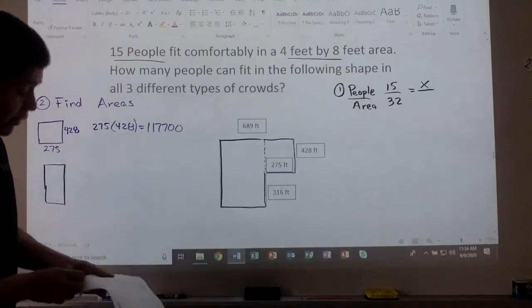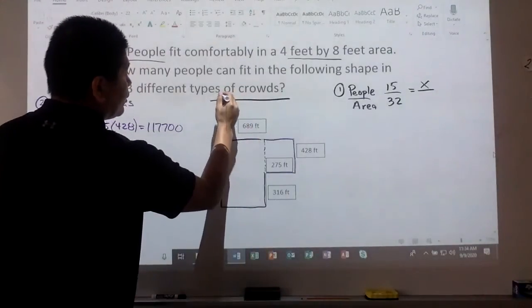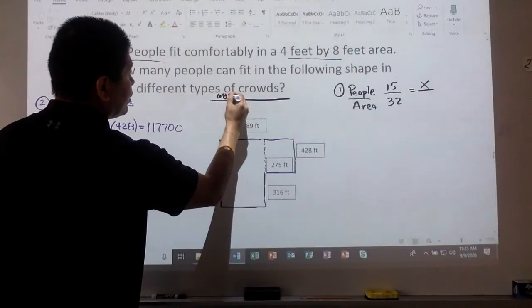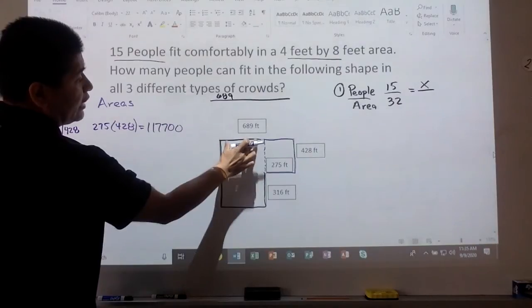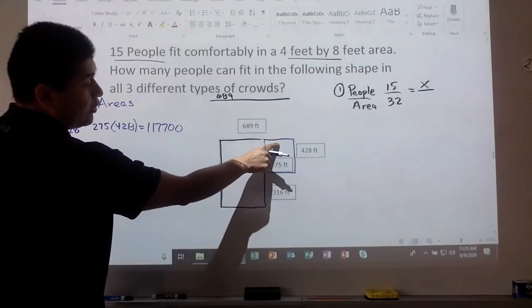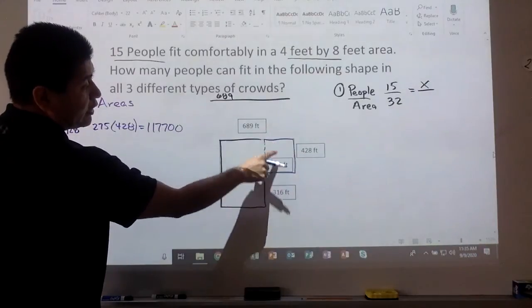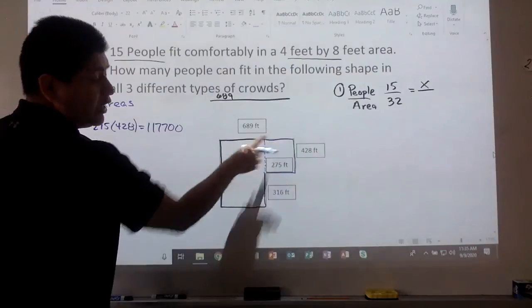But do I need the whole line? Again, 689 is from here to here. That's the whole line. I don't need the whole line. I just need this. But from the previous problem, don't I know how much this is? Remember this is the same thing as this. So I don't need that side.